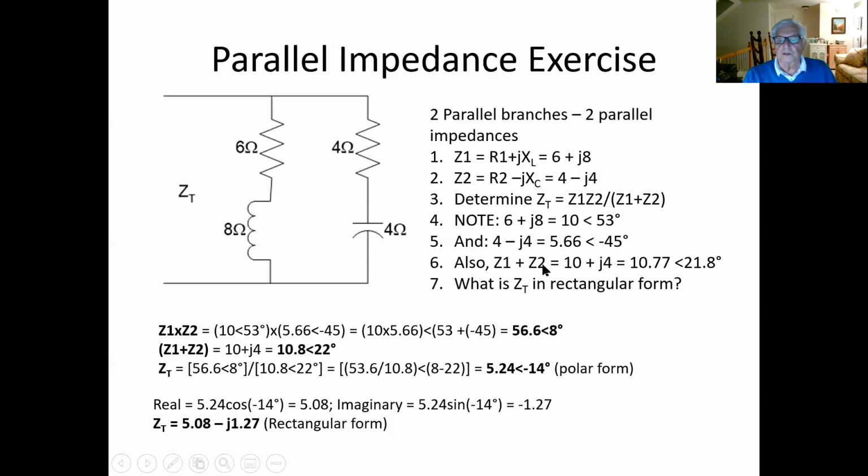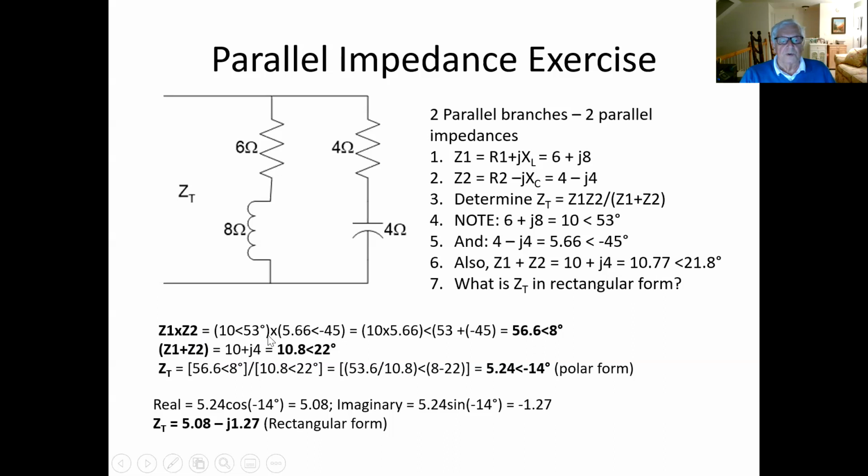So Z1 plus Z2, first of all, we can do that handily by just adding these two together. 6 and 4 are 10. 8 minus 4 is plus 4. So 10 plus J4, getting them into polar form, 10.77 at 21.8 degrees.